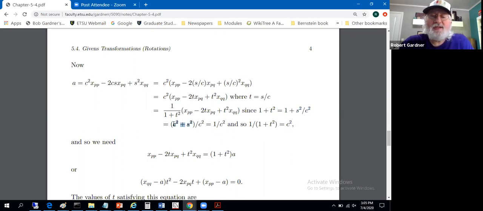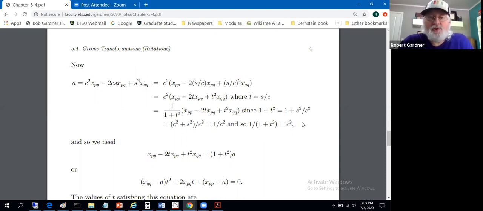Remember the normalizing condition we mentioned, so we're taking that quantity to be 1. So we get 1 over C squared here, and that allows us to take reciprocals on the ends of this equality, so C squared is 1 over 1 plus T squared. So we can replace the C squared with 1 over 1 plus T squared.